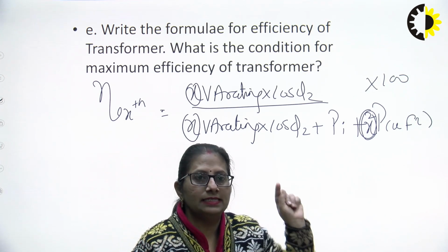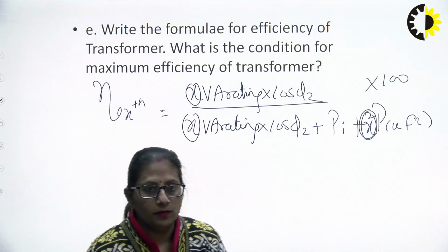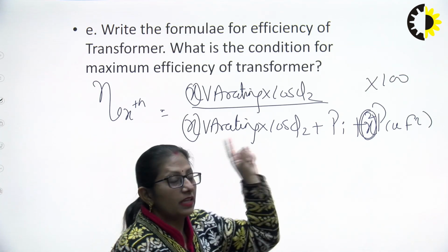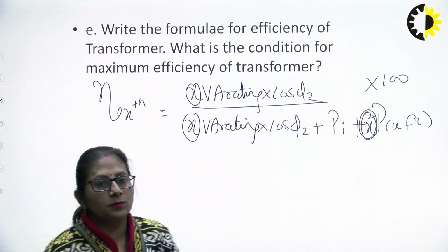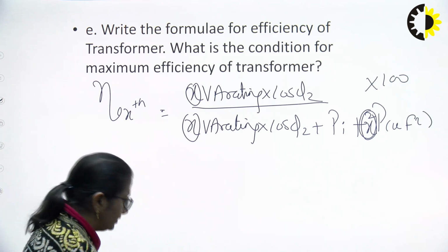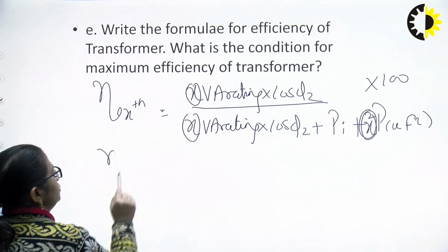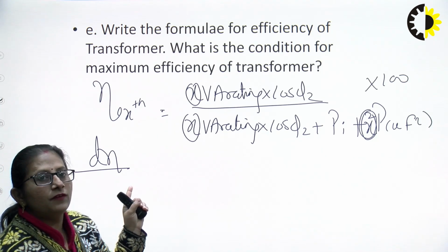Now, another question being asked in this is, what is the condition for maximum efficiency of the transformer? If this is the expression for the efficiency and we want the condition for the maximum efficiency, then according to the law of maxima, just differentiate the efficiency with the function.